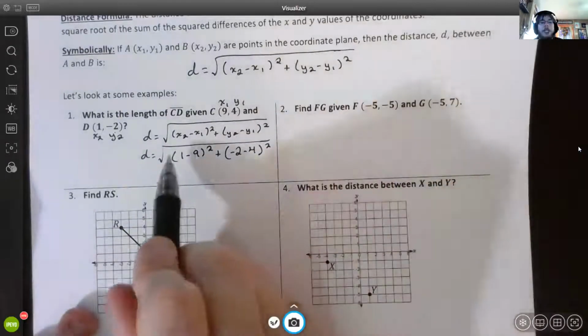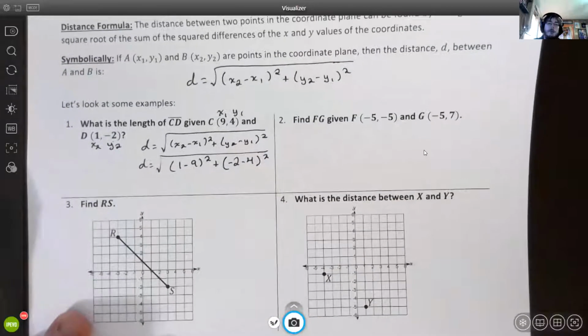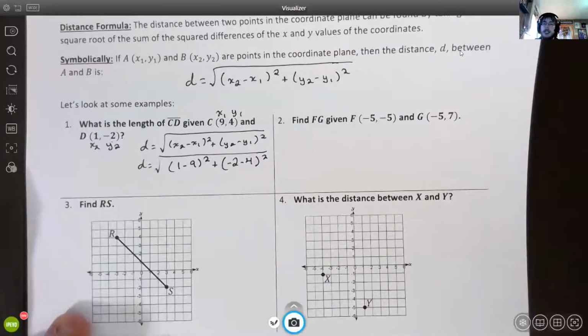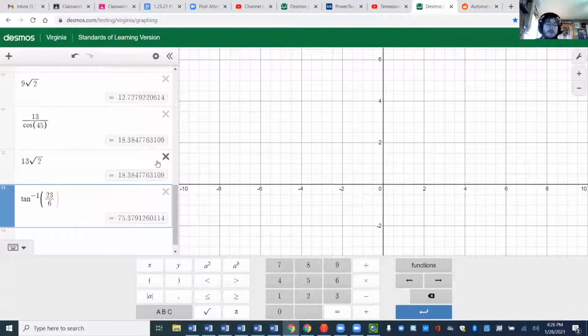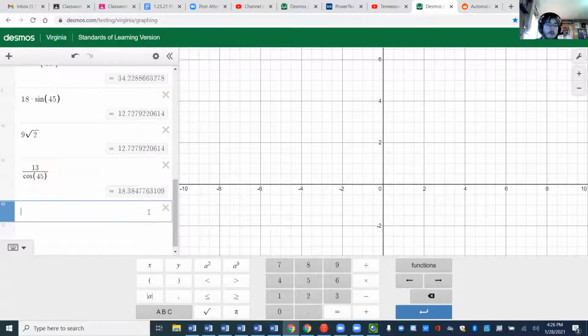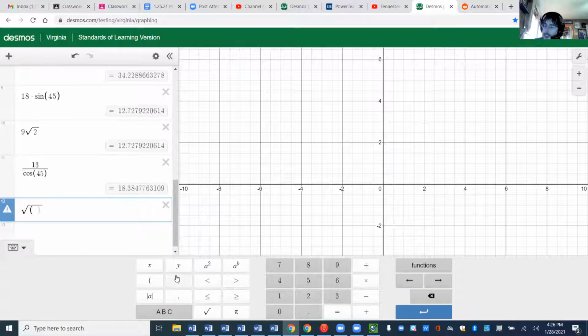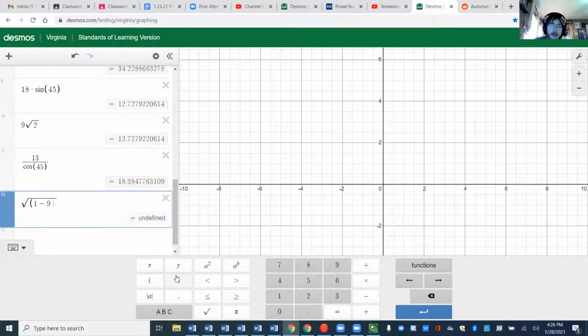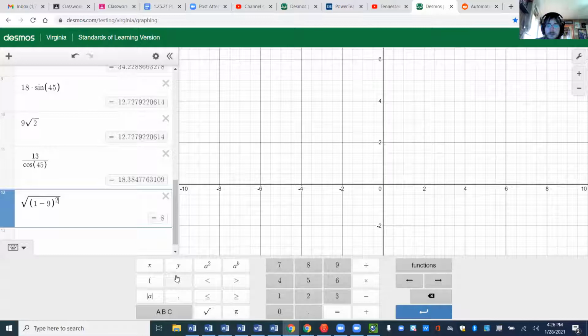And now that we have this, go ahead, jump into Desmos and type that straight into your calculator. Type it in exactly as it's written down. So you're going to put the square root and then parentheses (1 minus 9) squared plus, and then you're going to have (-2 minus 4) squared.